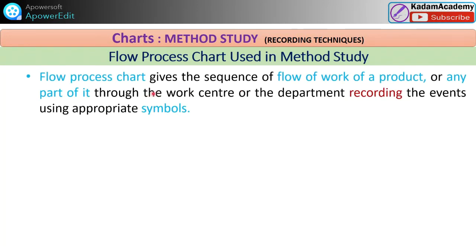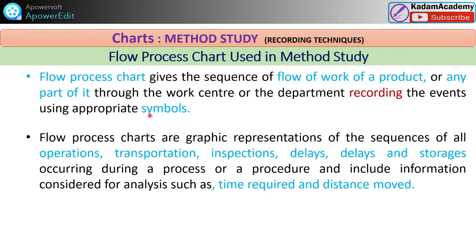Next is the flow process chart. The flow process chart gives the sequence of flow of work of a product or any part of it through the work center or the department, recording the events using the appropriate symbols. What is the difference here?